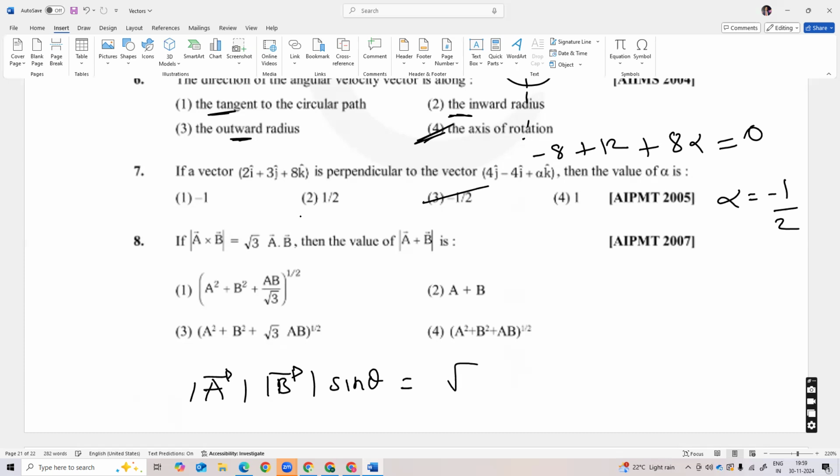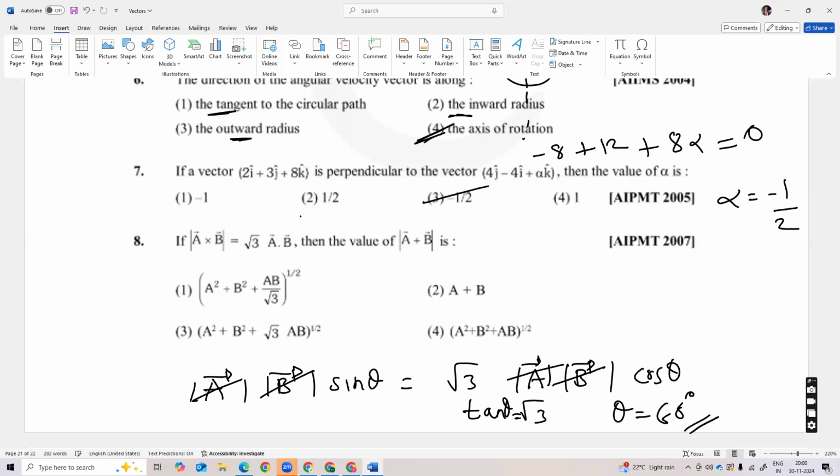Then it is root 3 times the dot product of a and b. The dot product of a and b is magnitude of a, magnitude of b into cos theta. So the magnitudes of a and b get cancelled. Sine theta by cos theta is tan theta, which is root 3. Tan theta is root 3 means theta is equal to 60 degrees. So this is the angle between them.